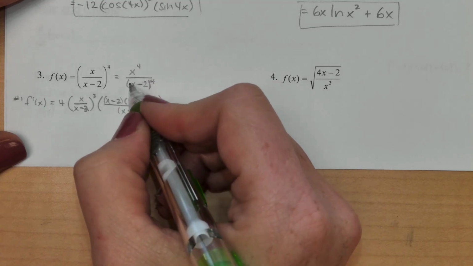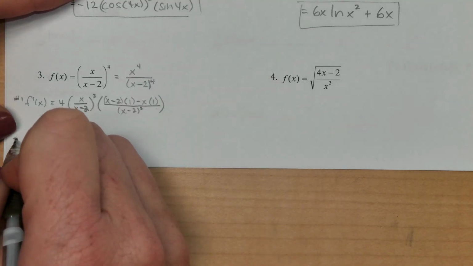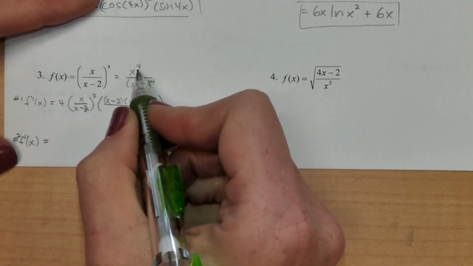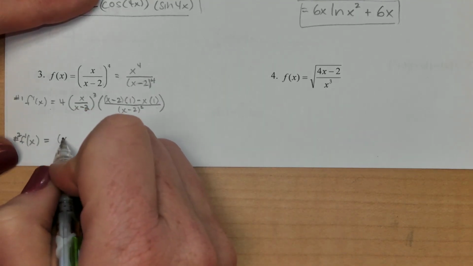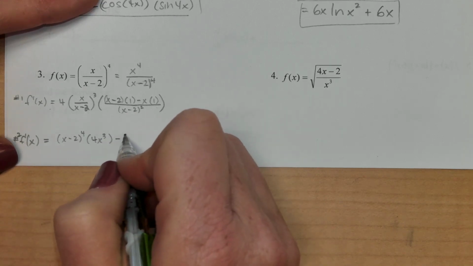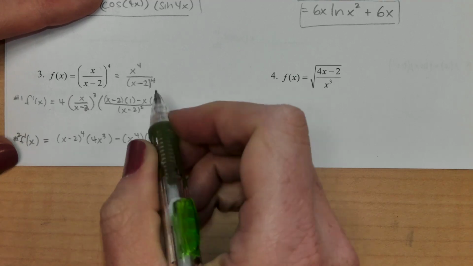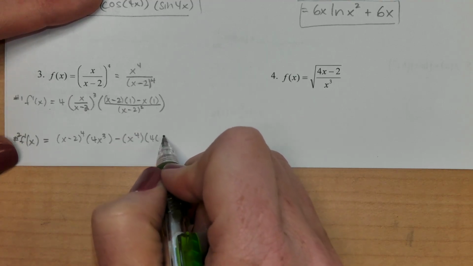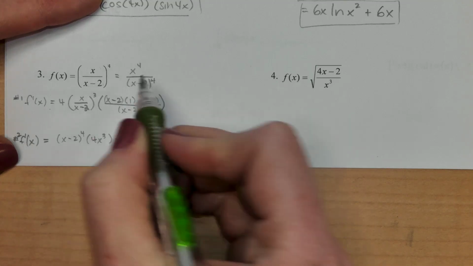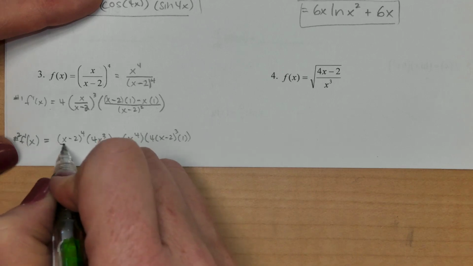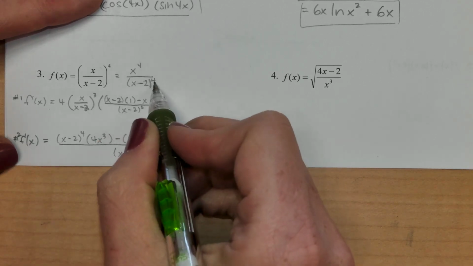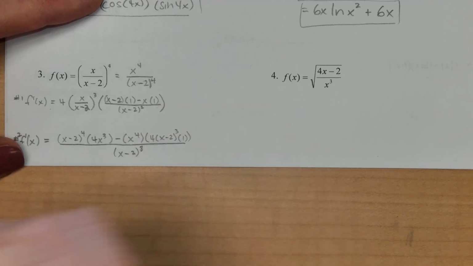Another way to do it would just be to look at this and just start with your quotient, number 2. f prime of x. So just doing a quotient rule in this, which would be bottom times the derivative of the top minus the top times the derivative of the bottom, so 4 would come in front to a 3, and you would need the derivative of this, which would just be a 1 off of the x, all over bottom squared, which we were a 4th power, so now we would be an 8.